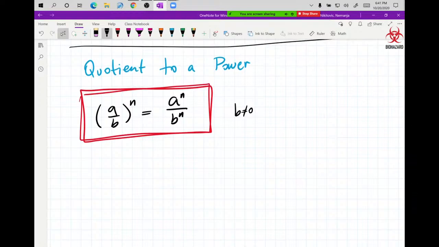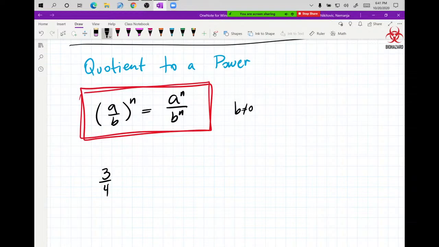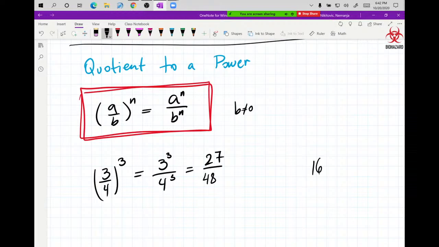Now, I did mention this before. Now I'm going to mention it again. 3/4, let's say cubed, is going to be 3 to the 3 divided by 4 to the 3. And you can actually compute this as 27 over 16 times 3, 48, I hope. 16 times 3, right? 48, yes.